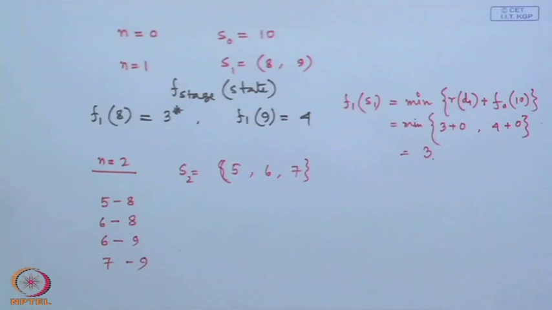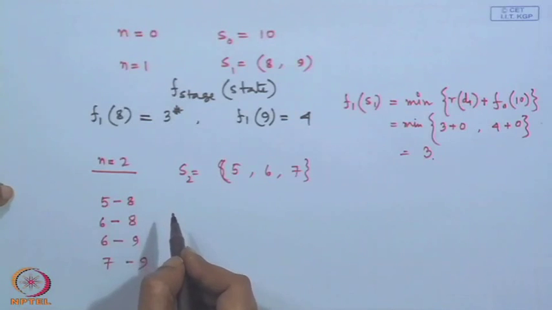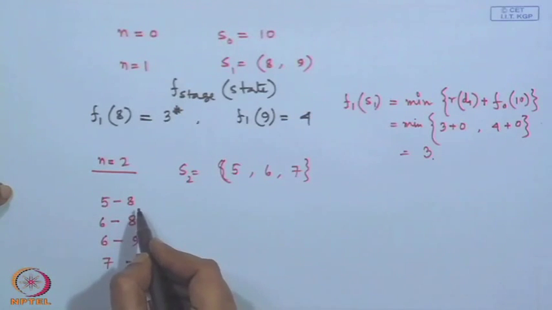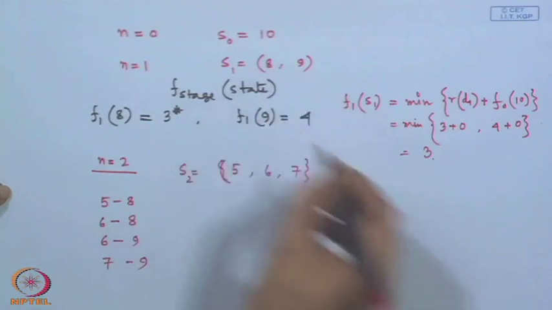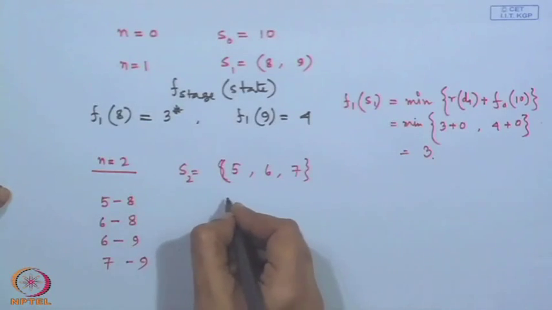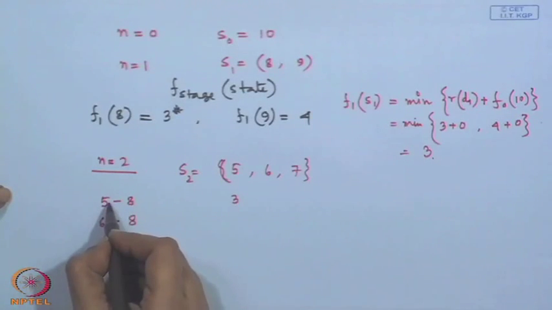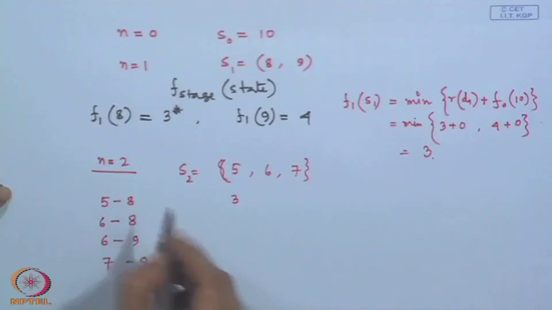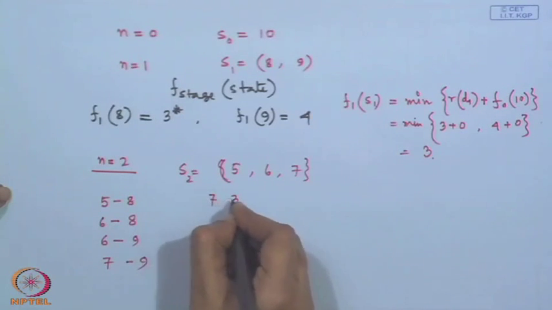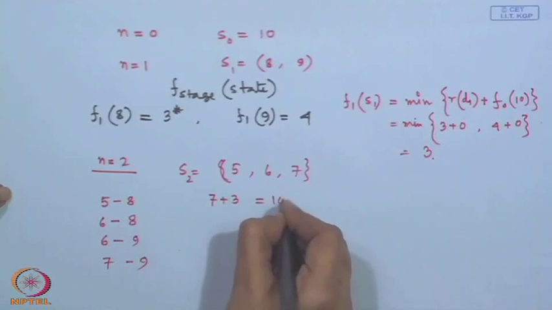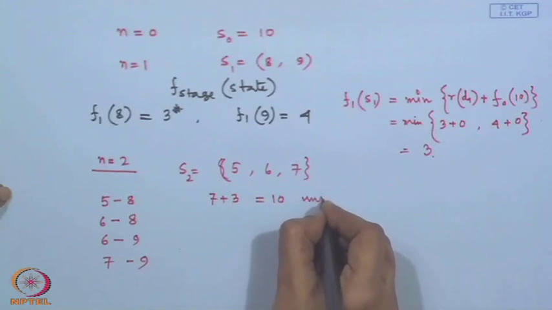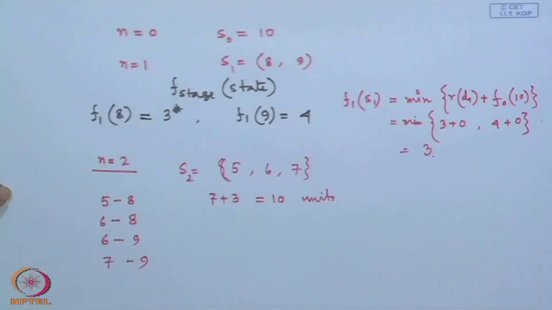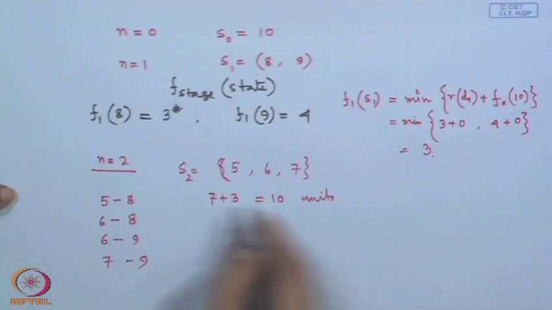If we have these alternatives with us, let us formulate the function here as well. 5 to 8 means we have considered, once we are reaching point 8, the value was 3, and at 5 it was 7. That is why it is 7 plus 3, this is equal to 10 units, say 10 rupees or 10 units of rupees we have to consider.